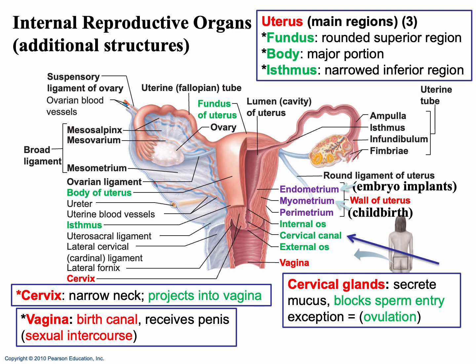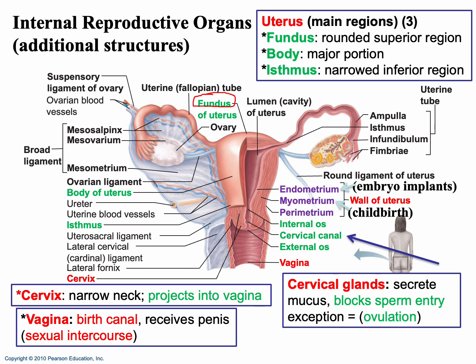Moving on. Again, we discussed the uterus prior, and we can see the major regions of the uterus here. Again, this is the uterus right here in the middle. And we can take a look at the regions of the uterus. So the regions are the fundus.